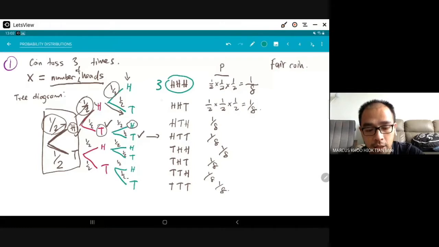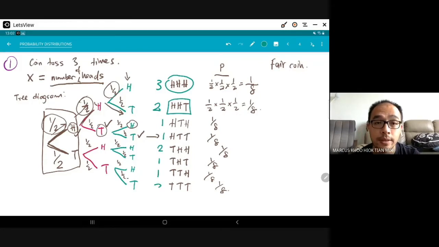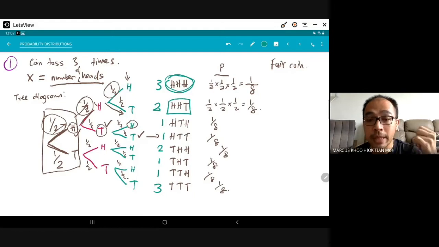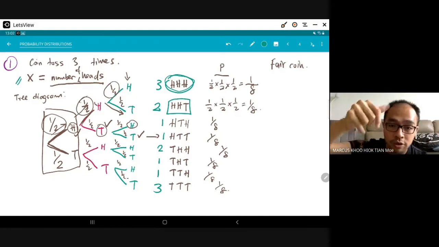In this second situation, there are 2 heads. 1 head, 1 head, 2 heads, 1 head, 1 head. The number of heads in each set of outcomes: here there are 3 heads, here there are 2 heads. Why did I choose heads? Because the question asks for heads. The question says how many heads do you get after you try 3 times?